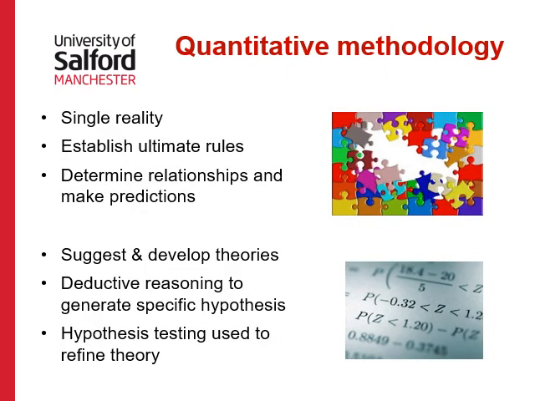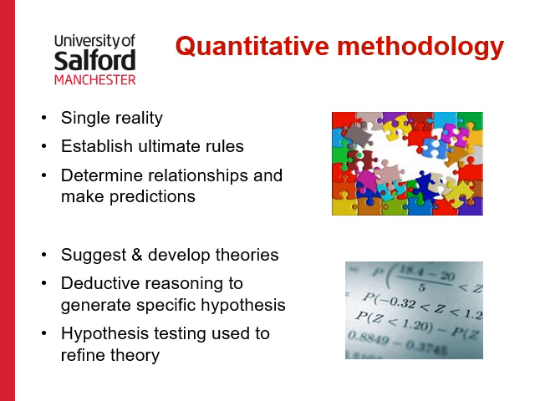Quantitative methodology is the most commonly used approach. And with this approach, we assume that there's a single reality and that our job as scientists is to carry out experiments and to determine a set of rules and relationships that allows us to make predictions about what will happen in relation to health, society, and social care.